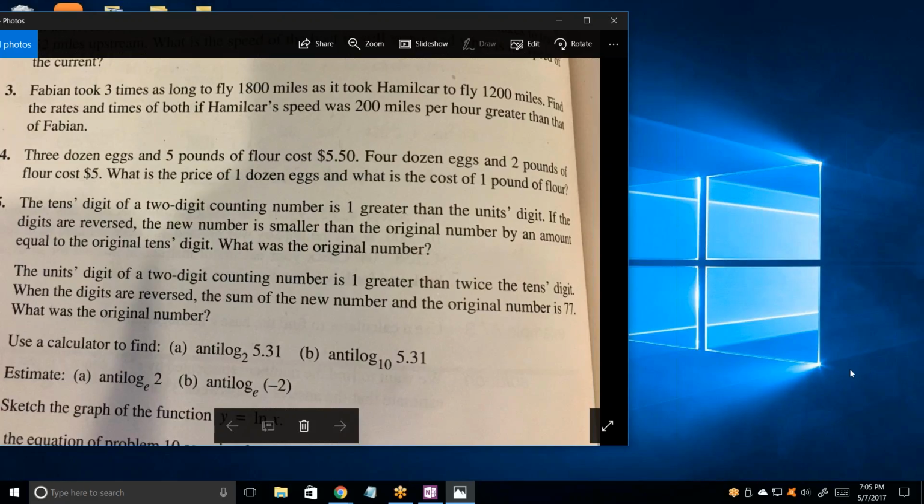All right. Another distance equals rate times time problem. Well, gosh, I hope I don't get this one wrong, otherwise I'm going to be really embarrassed.